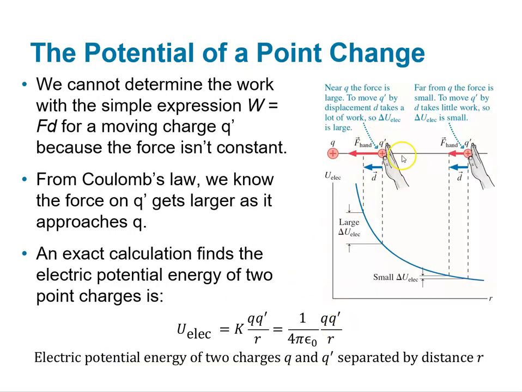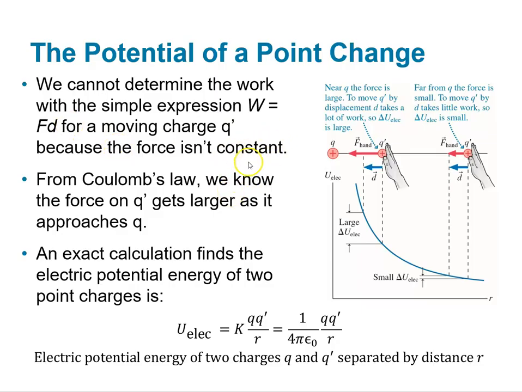All right. So here's our point charge, and here is our probe charge. We're going to say that when we're way out here, potential energy is 0. And so it's going to take work to move closer to the source charge. Now, work is equal to force times distance.